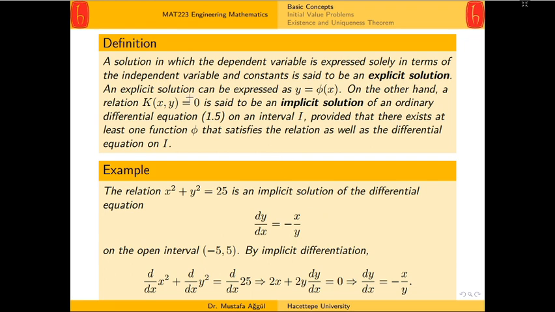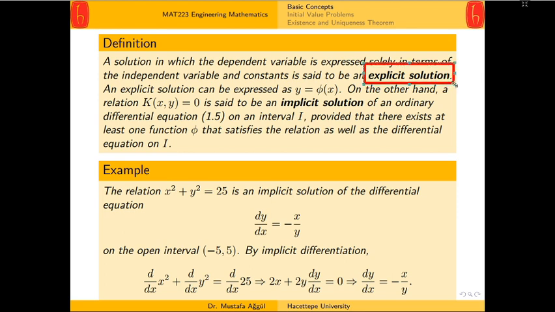Okay, also a definition: a solution in which the dependent variable is expressed solely in terms of the independent variable and constants is said to be an explicit solution.